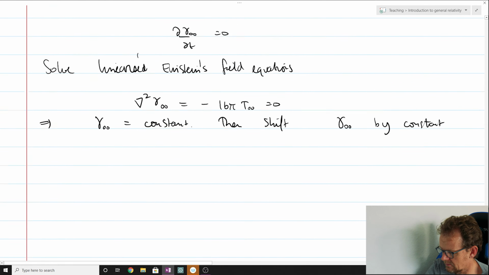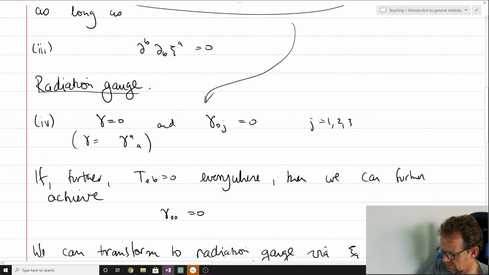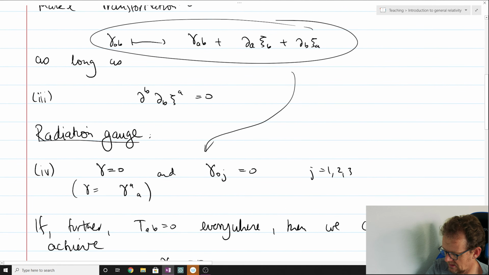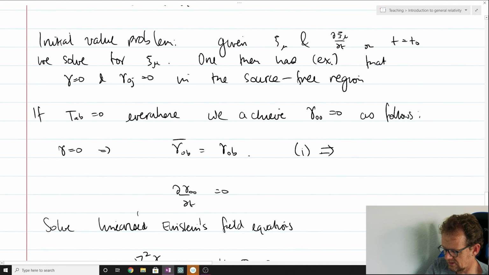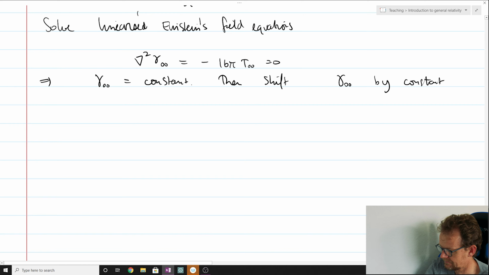Okay, well now I've managed to convince you, I hope, that the radiation gauge where gamma is 0 and gamma naught j equals 0 can be achieved by a very specific judicious choice of diffeomorphism generated by vector field psi. Now let's try and find some waves.